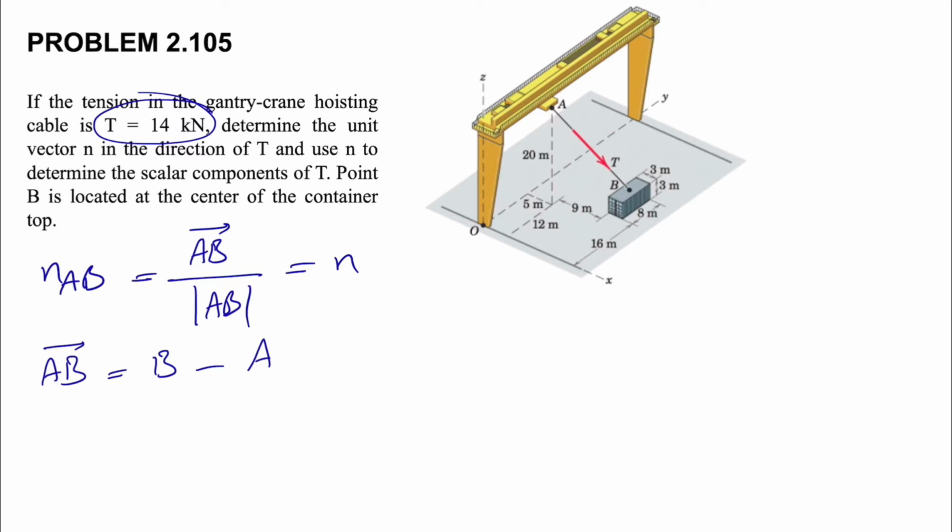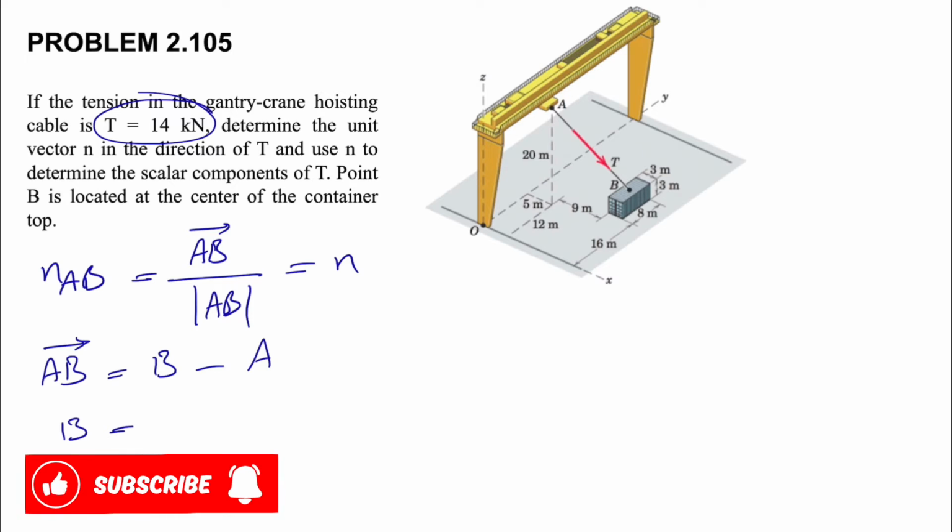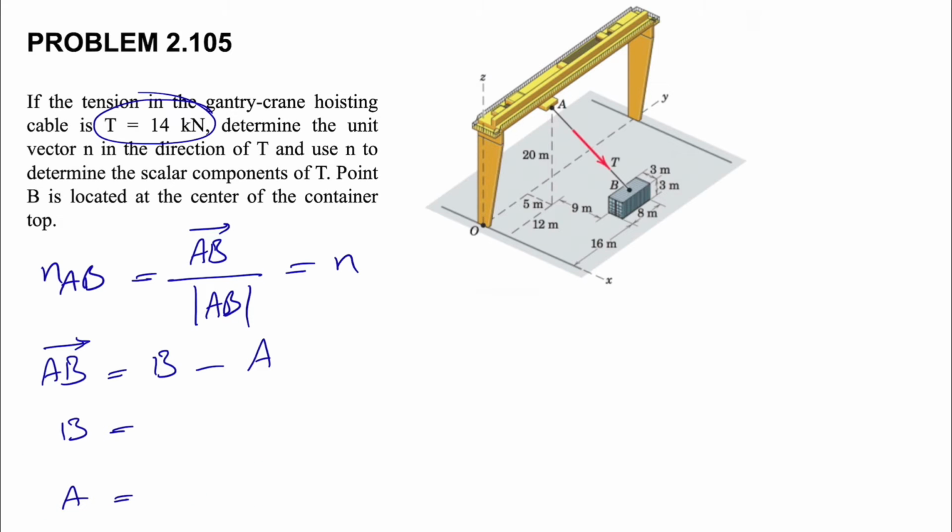For finding AB, we only need the coordinates of B and the coordinates of A, and if we subtract these two, we can find AB. Finding the magnitude of AB would then be pretty easy, so all we need to do is to find the coordinates of A and B, and after that, we're good.